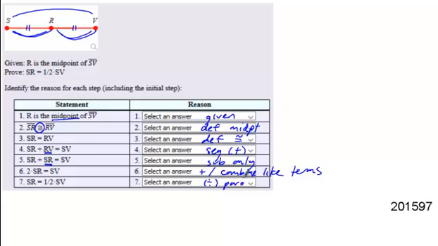It is possible it could be multiplication property, multiply by the reciprocal, but again, I will tend to use the more straightforward math operation, the one that undoes the process.